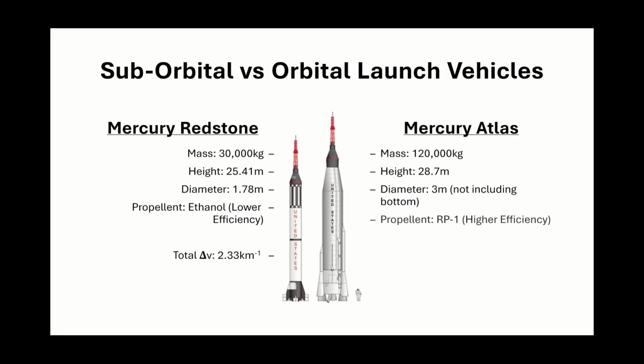Its propellant was RP-1, which is rocket-grade kerosene, and this is what later spacecraft use for their launch vehicles. Overall, this gave the Mercury Atlas a total delta V of 9.4 kilometers per second, so just barely enough to get into orbit and back.